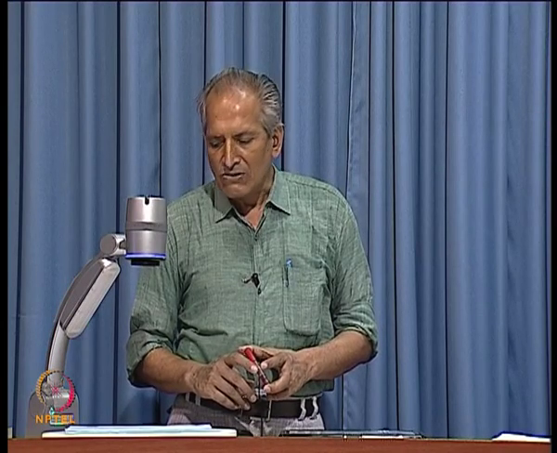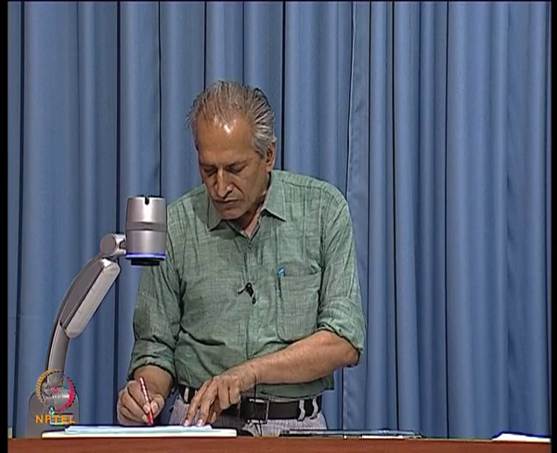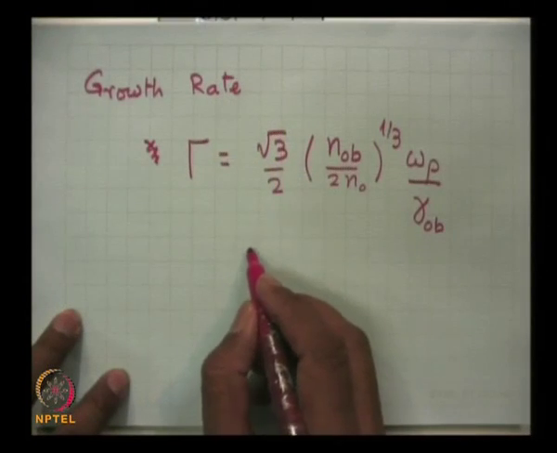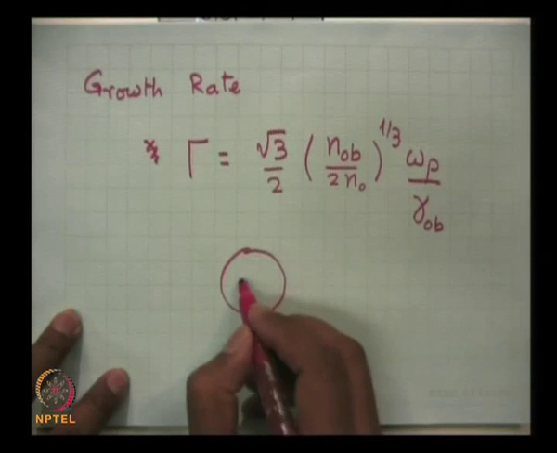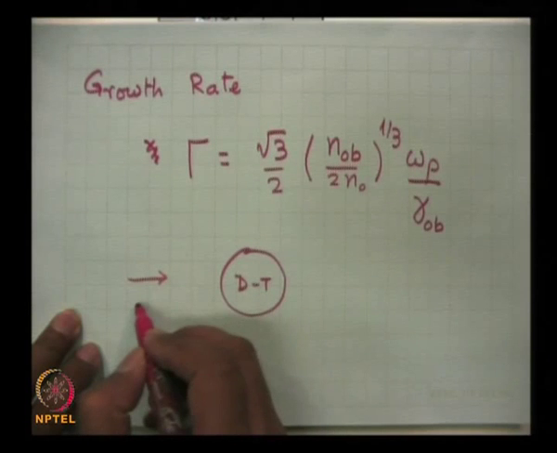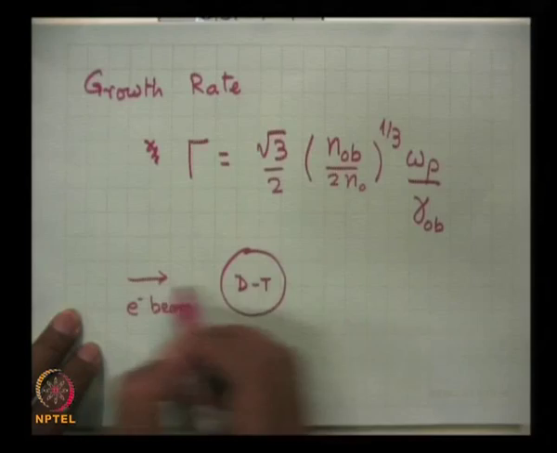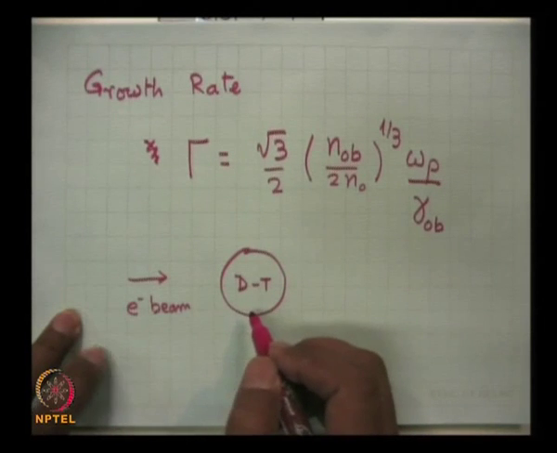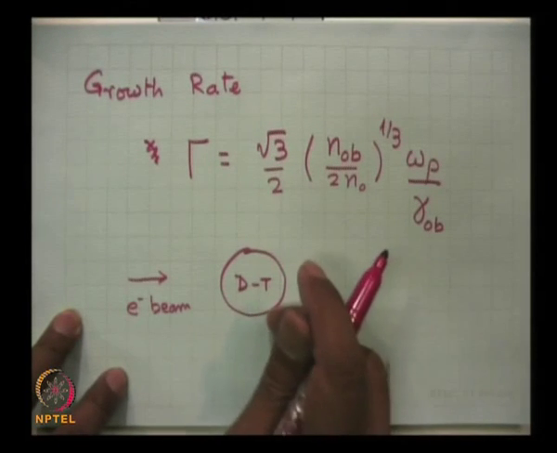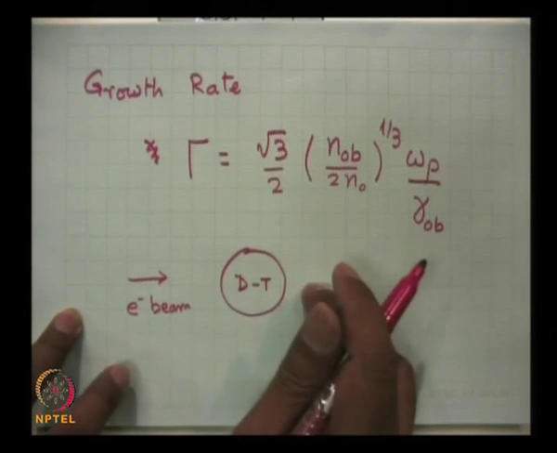Actually, at one time relativistic electron beams were seen as a good candidate for thermonuclear fusion also, that you can have a pellet of deuterium tritium and you can bombard this by an electron beam, and then this beam can heat this pellet to fusion temperature and one can achieve nuclear reactions and nuclear energy.